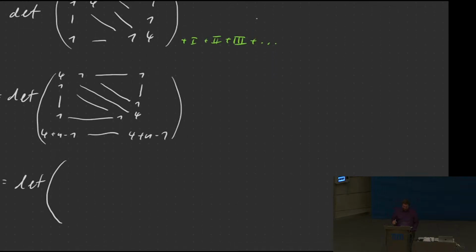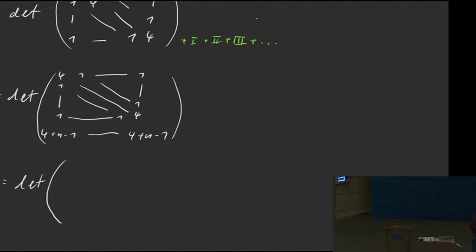Now what's the next step after that? Yes? Go ahead. Pull it apart again. I think the goal is right, but pulling it apart is not immediately clear.